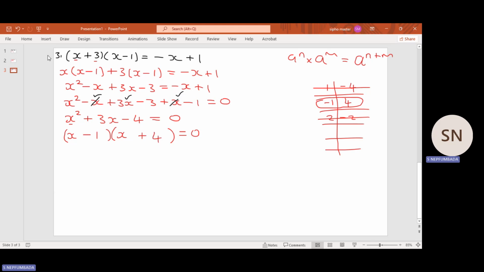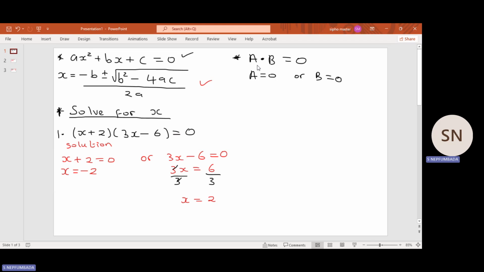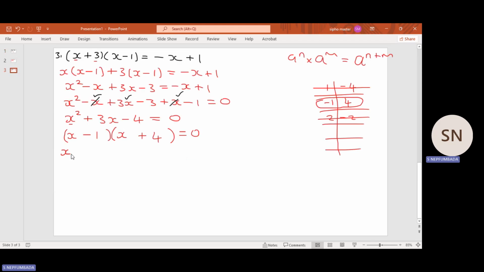Now we go back. This is sending us back to A multiplied by B is equal to 0. It means our x minus 1 is equal to 0, or our x plus 4 is equal to 0. Then when we take a number to the other side, it's going to change the sign.